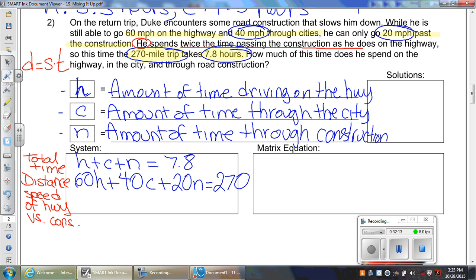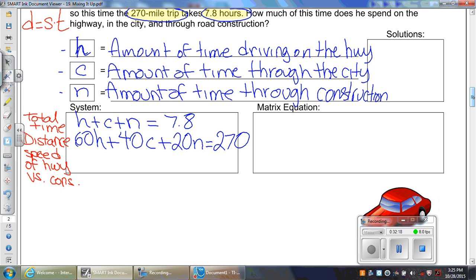And I'm going to be honest with you, this is a little difficult for me to explain because sometimes I think that it is the opposite of what I'm going to tell you. But once we get the answer, you will see it makes sense. So the amount of time that he spent driving through the construction was equal to twice the amount of time that he spent driving through the city. Not the city, I'm sorry, the highway. You take it back. So 2 times H.